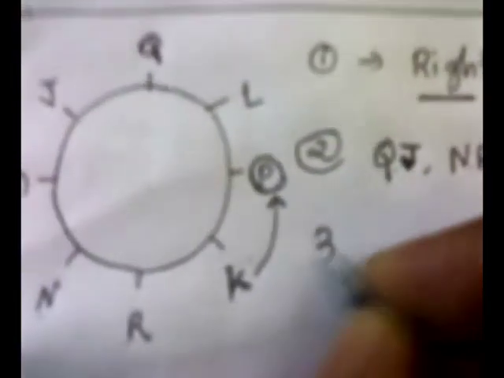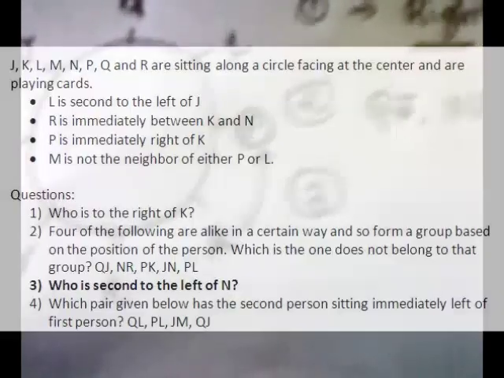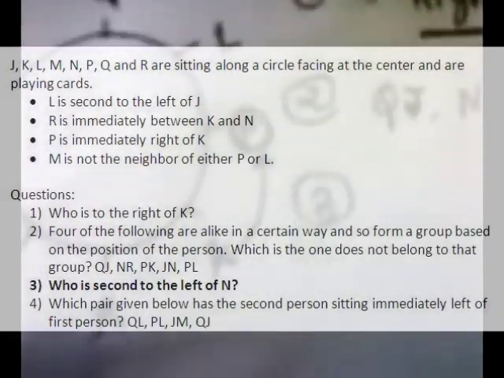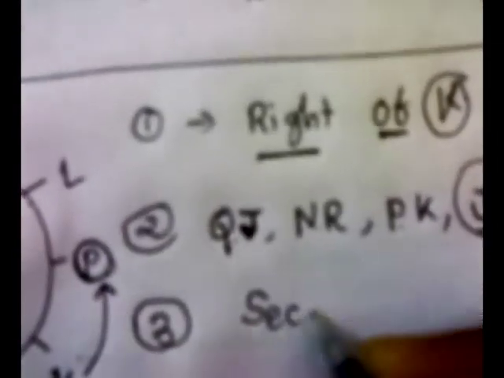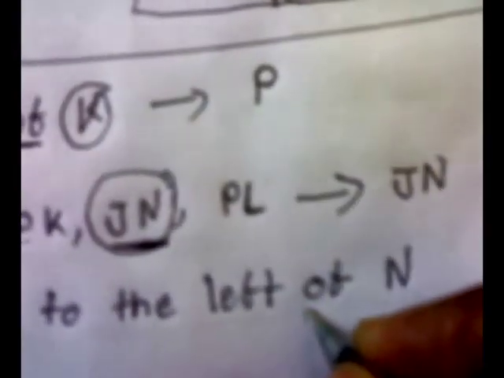Now the third question says, who is second to the left of N? The letter followed by of is N. We will locate where N is.